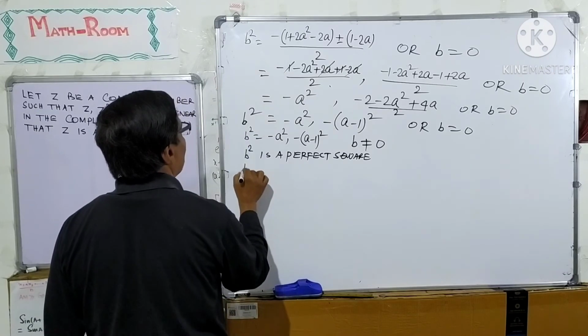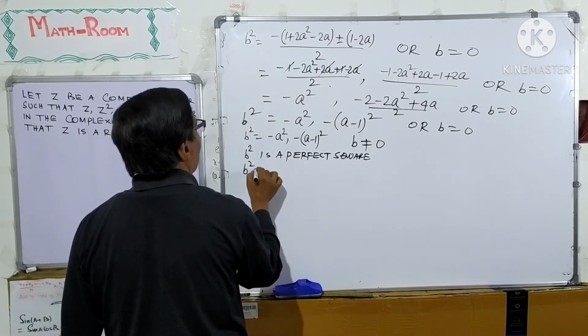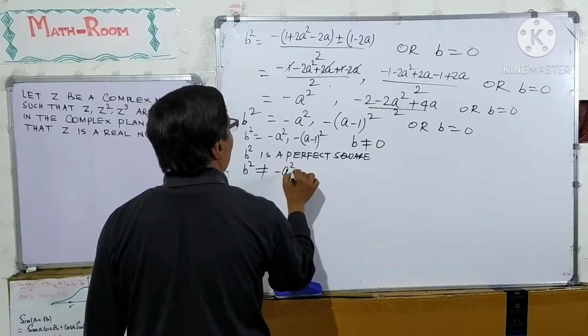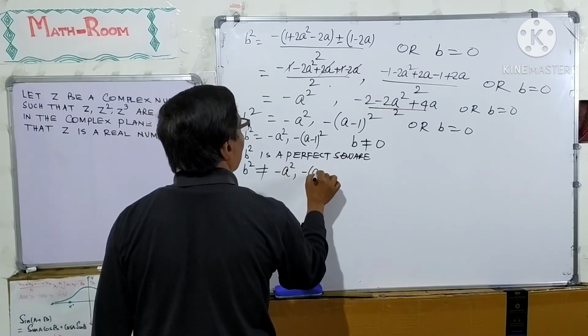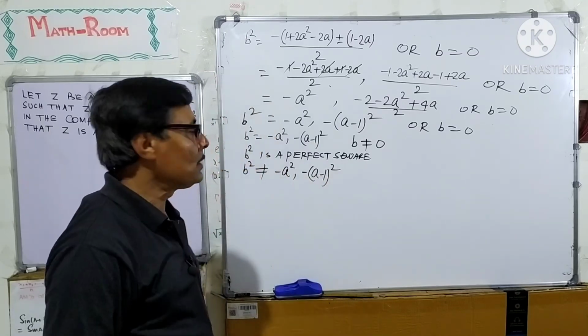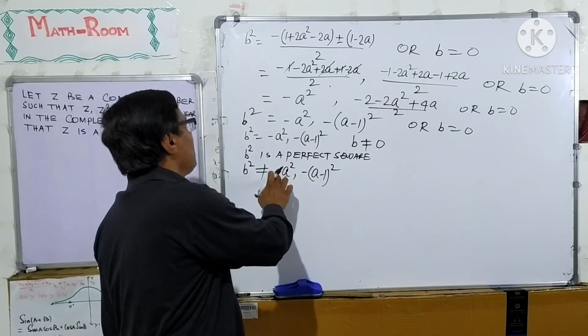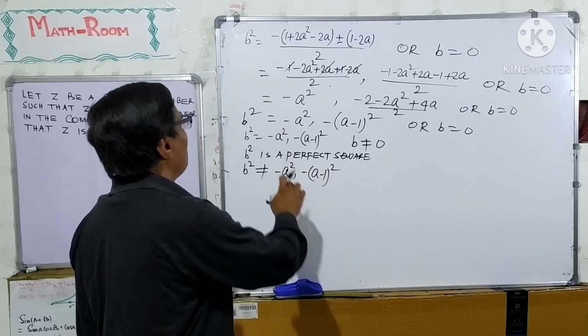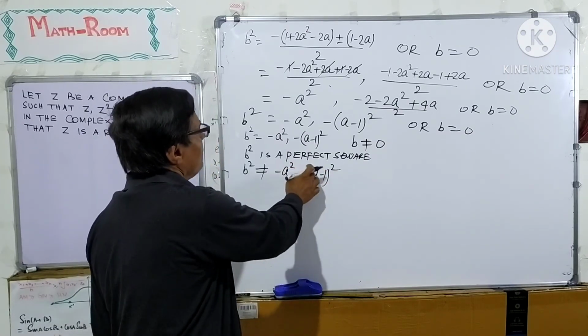So b square cannot be equal to minus a square or minus a minus 1 whole square, because these two quantities are negative, because minus a perfect square is a negative quantity, or may be 0.